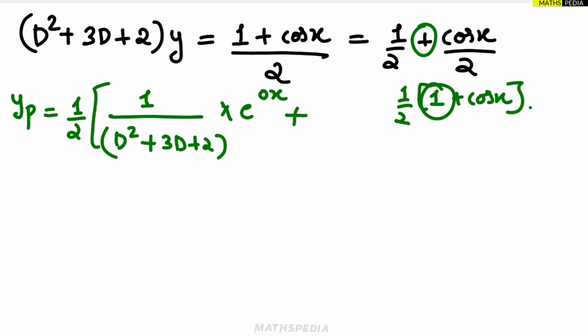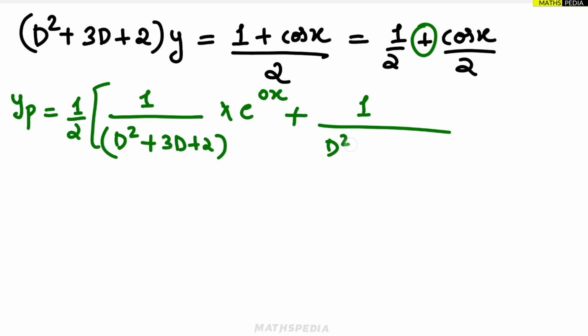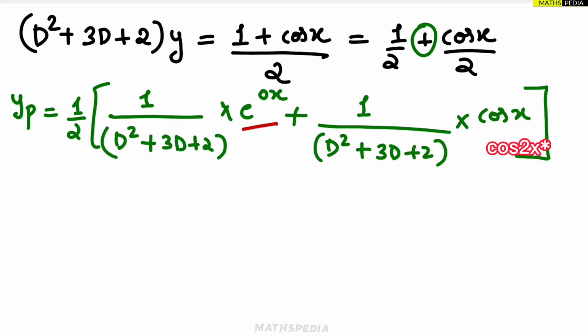Plus 1 divided by D square plus 3D plus 2 into cos x. So this part I'll treat as the other function.